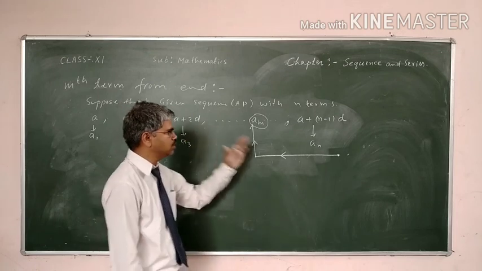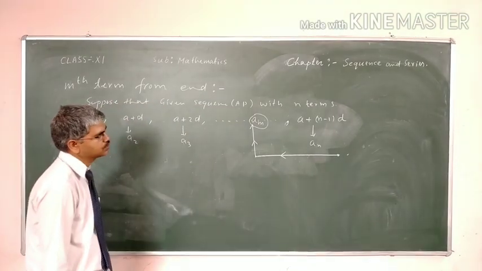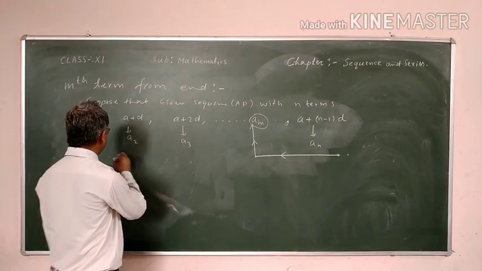If we start from the end, right to left, then how many terms are left?